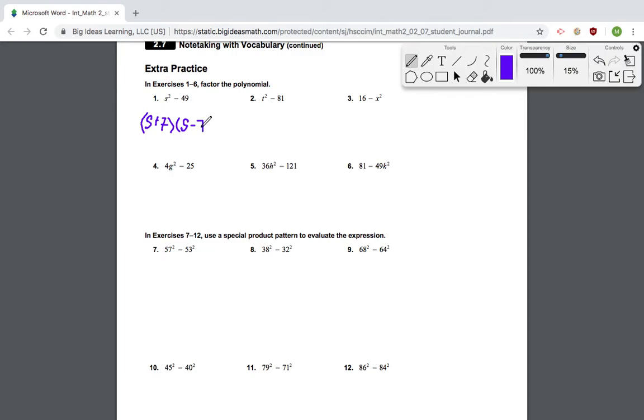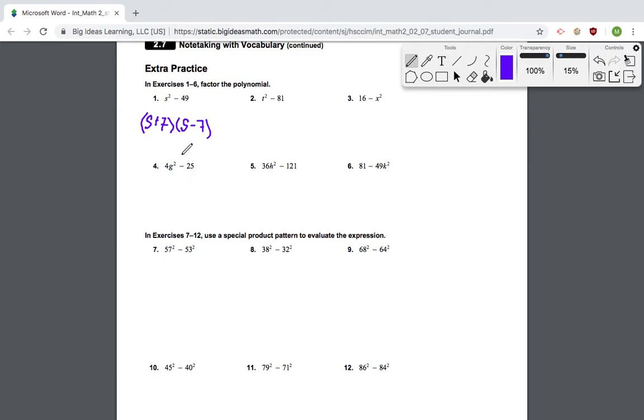So it's just square root of the first term, square root of the last term. I know this is going to trip you guys up. You guys think it's a really big number. But the point of these product patterns is that you don't have to do something hard. You can do mental math if you break down the pattern first.